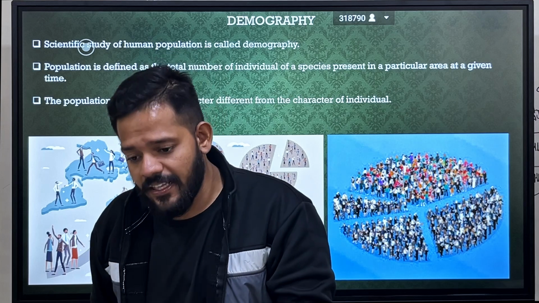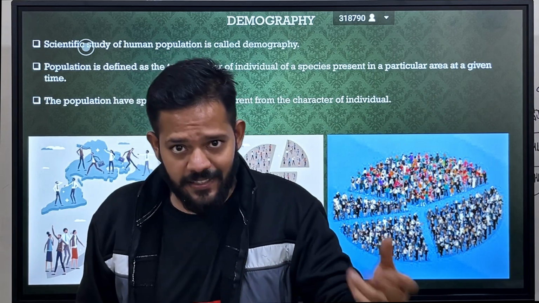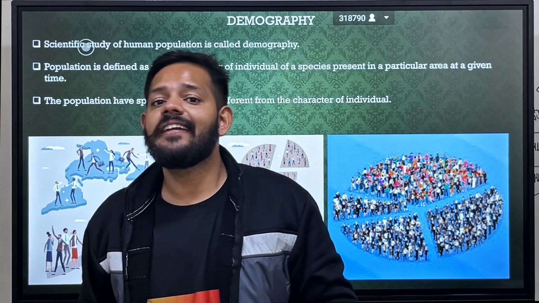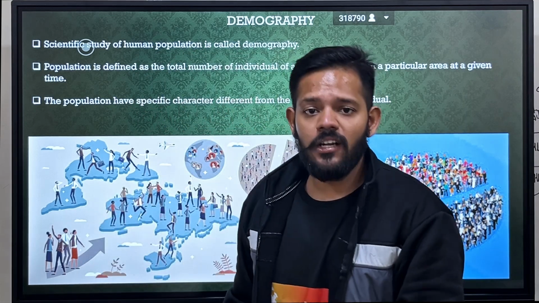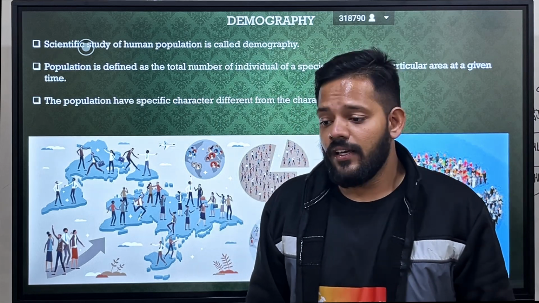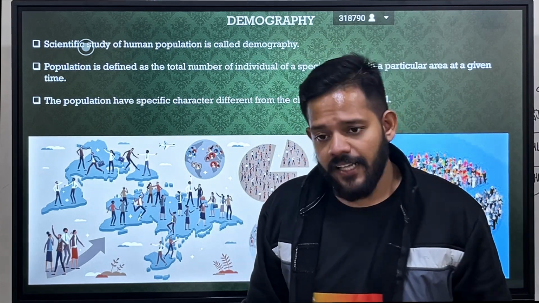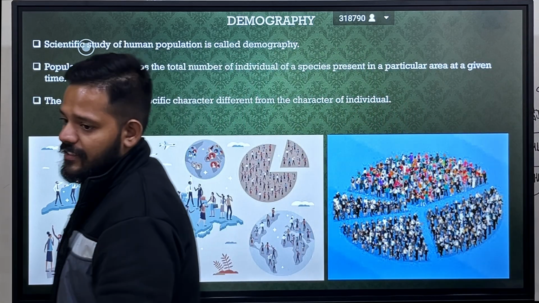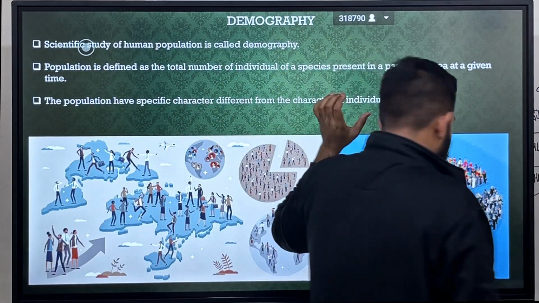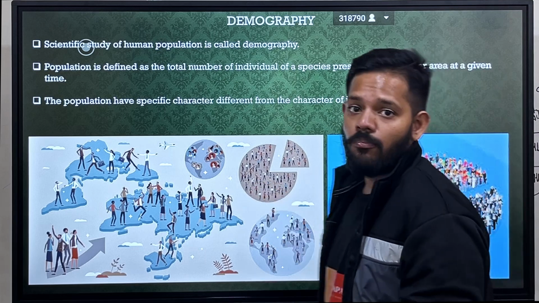Or we can say that an individual or organism is a unit of a population. Just like the nephron is the unit of the kidney, the neuron is the unit of the CNS, and hepatic cells are the unit of the liver, in the same way an organism or individual is the unit of a population.